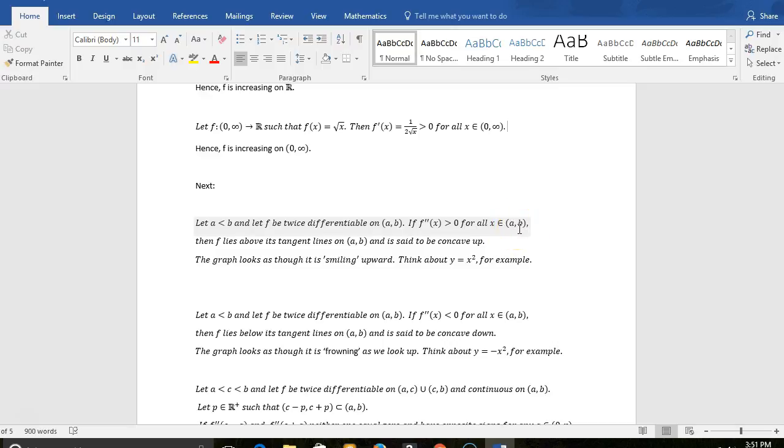Truth be told, it'd be all x in the reals, but oh well. Then f lies above its tangent lines on that open interval, and we say it's concave up.